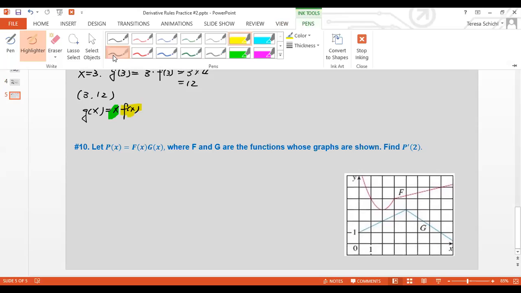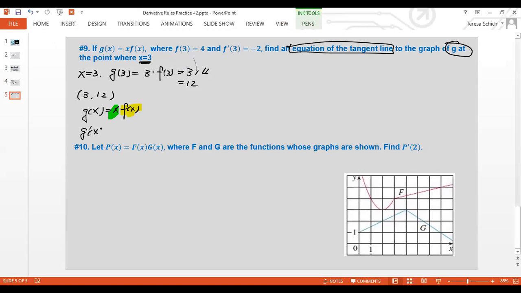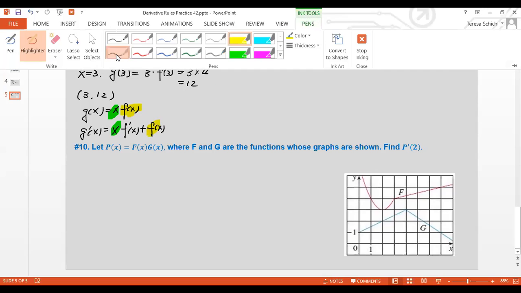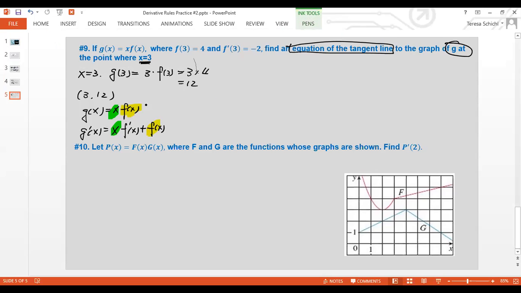Take the derivative. g prime x: holding the first one, take the derivative of the second one, so it's f prime x. Then hold the second one. If you color code, you will not forget about that. Take the derivative of the first one. So what is the derivative of x here? It's 1, right?